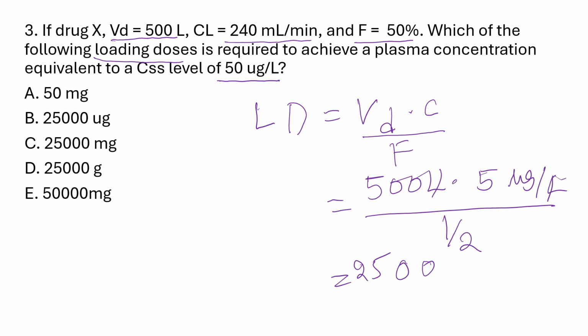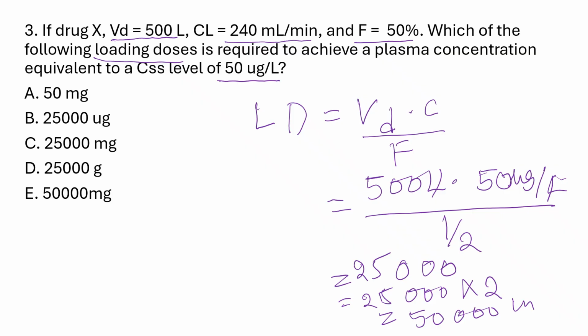since the concentration is 50, that is 25,000. Then over 1 over 2, that is 25,000 times 2, which equals 50,000 micrograms. So 50,000 micrograms equals how much?